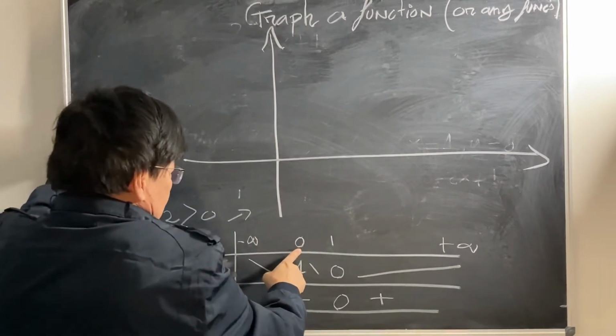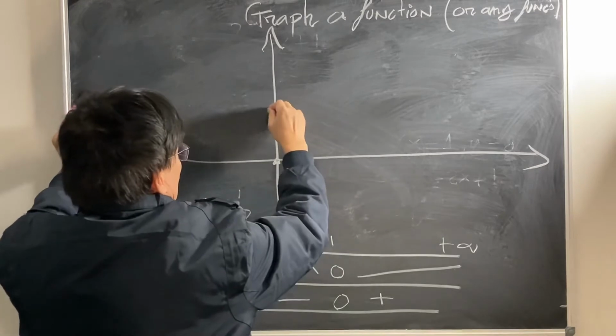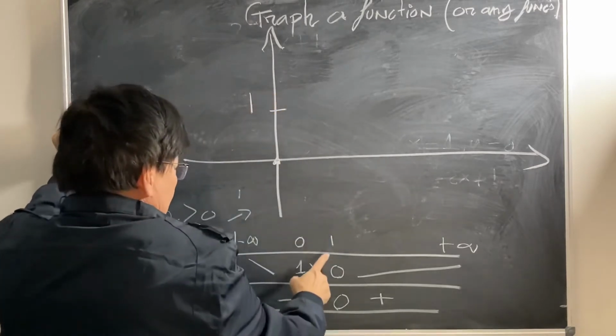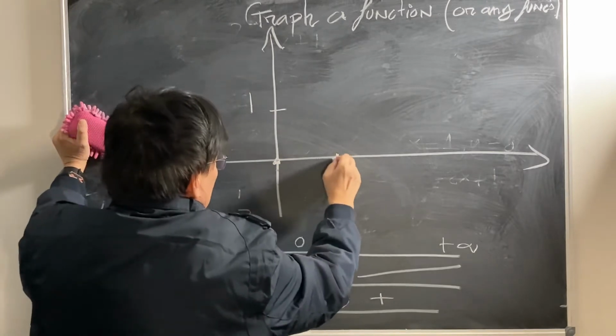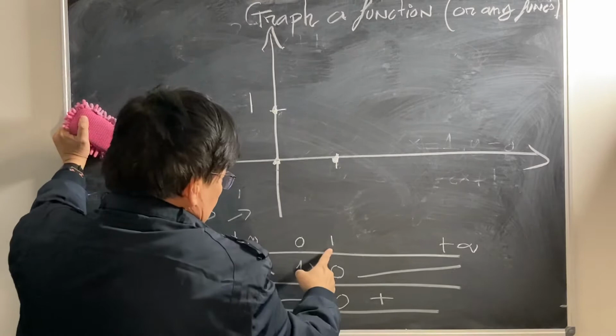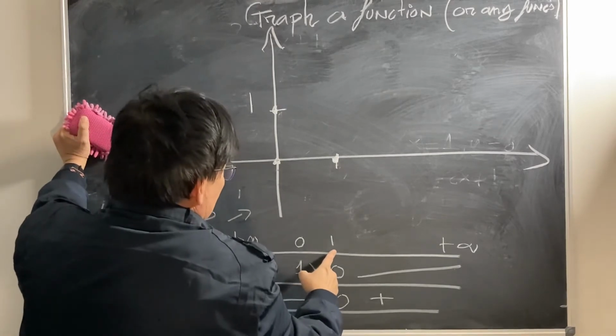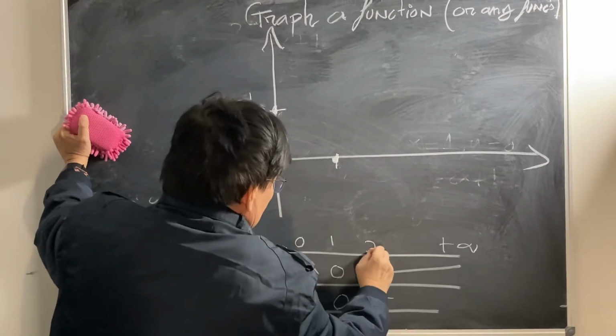Okay, x equals 0, y equals 1. Let's set 1 here. And x equals 1, y equals 0, so that's the second point right there. Now let's find one more point. Let's say x equals 2.